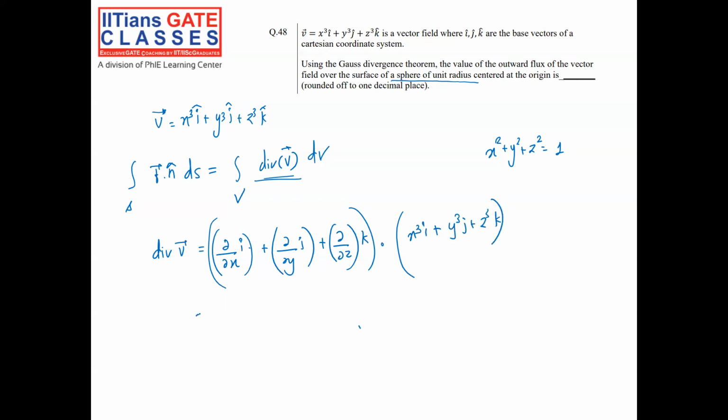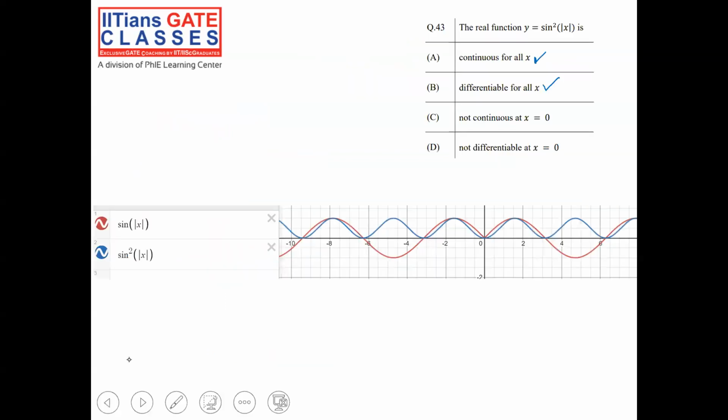So ultimately what we'll get is 3x square plus 3y square plus 3z square. Okay, so it is 3 times x square plus y square plus z square. And we know x square plus y square plus z square is nothing but 1, because according to the equation of the sphere, in this case, it can be written as 1.